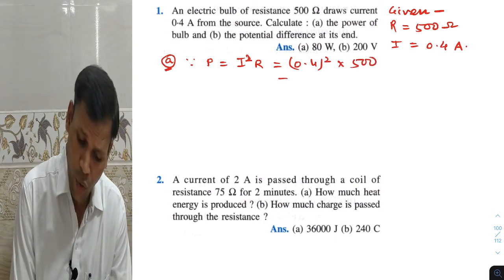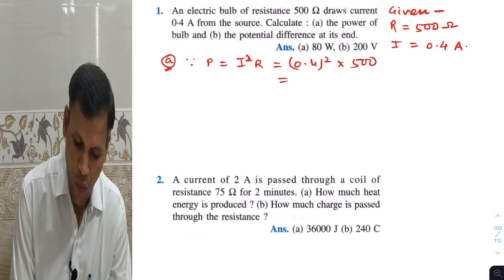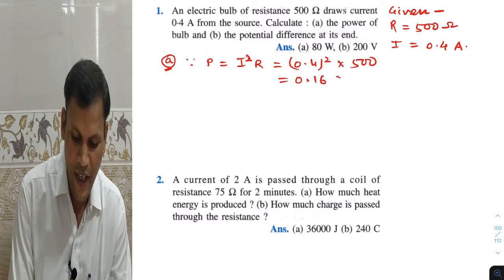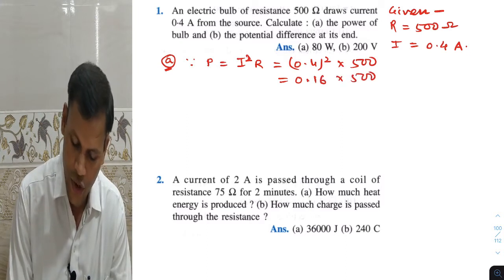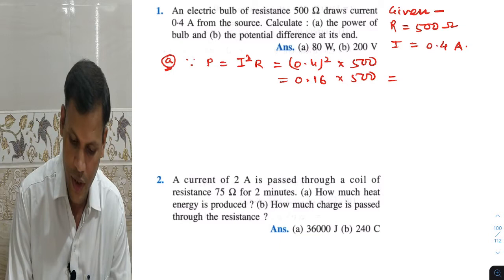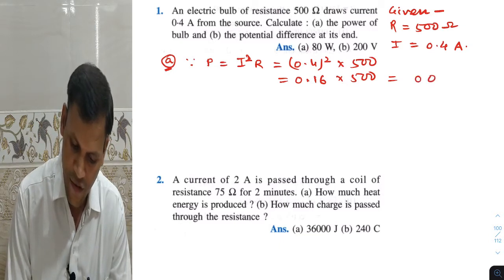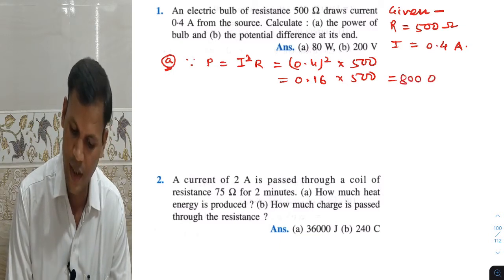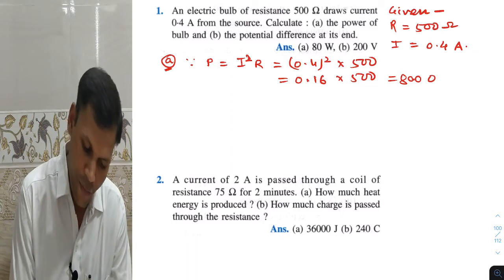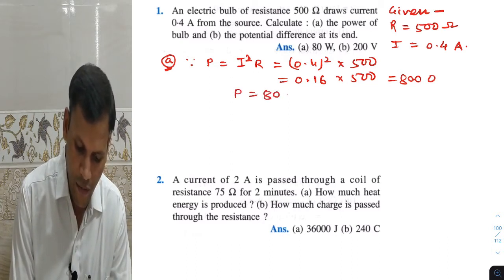So 0.4 to the whole square is 0.16, into 500. It will be two zeros, and 16 fives are 80, and decimal at 2 places. So overall we are getting power equal to 80 watt.